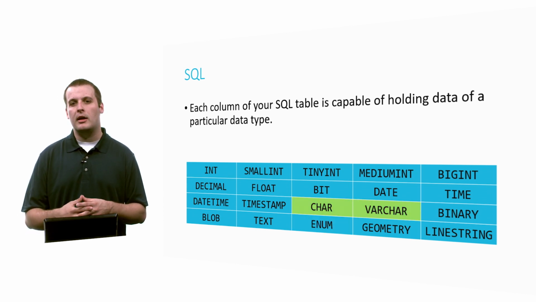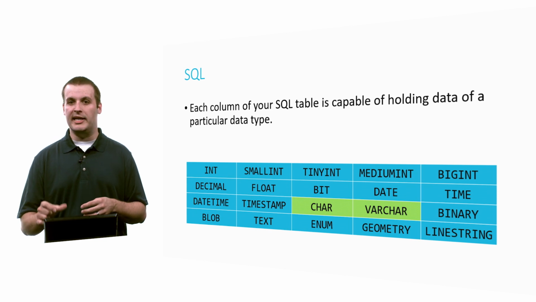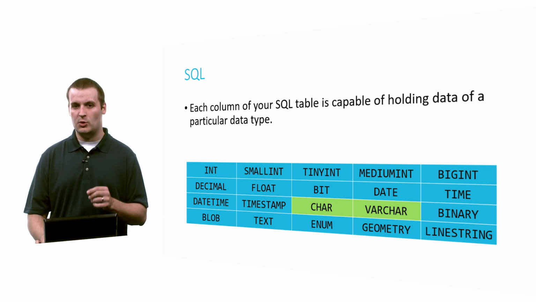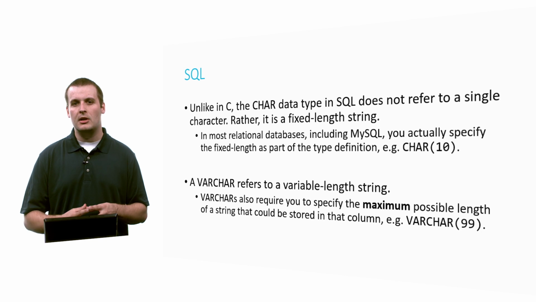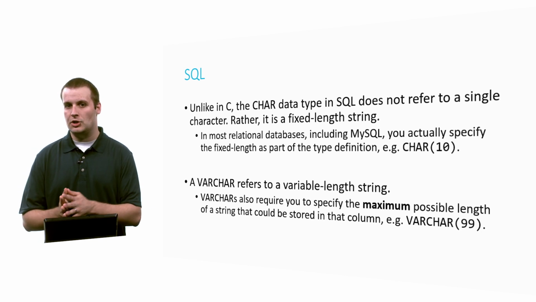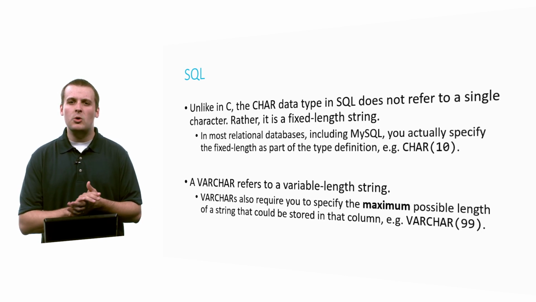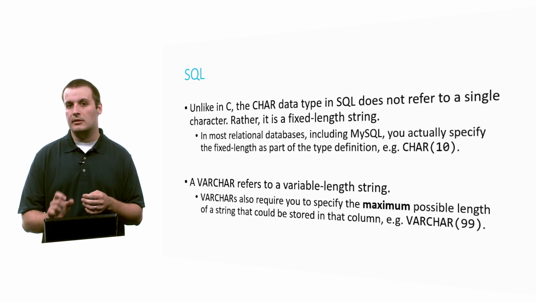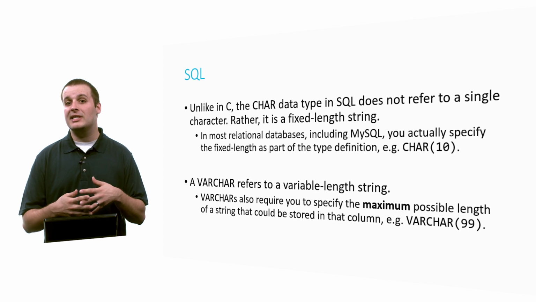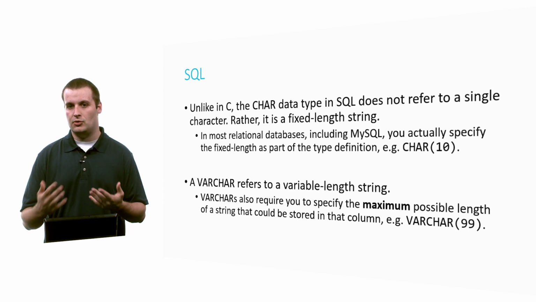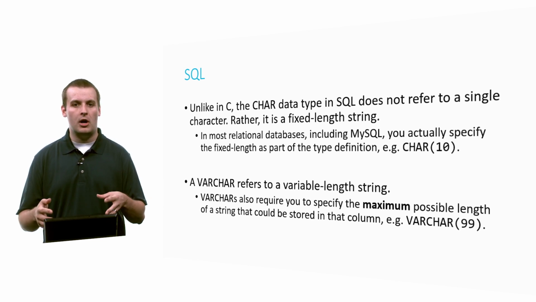Then we have char and varchar, and I've colored these green because we're actually going to take a second to talk about the difference between these two things. So char, unlike C, where char was a single character, in SQL a char refers to a fixed length string. And when we create this column, we actually can specify the length of the string. So in this example, we might say char 10.